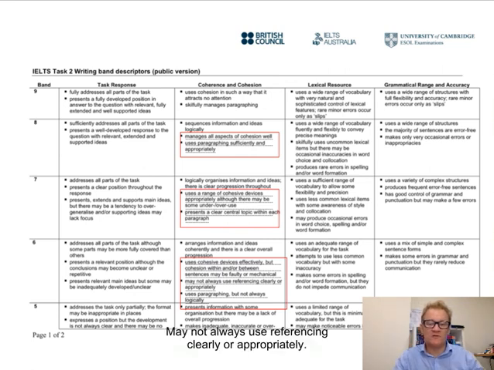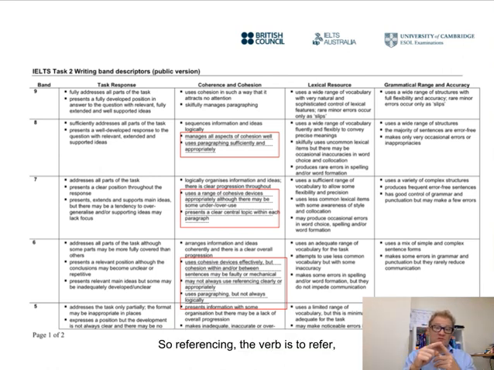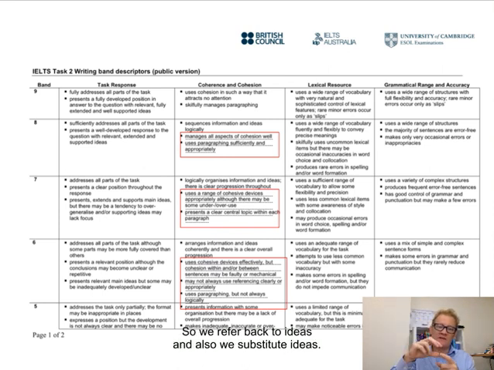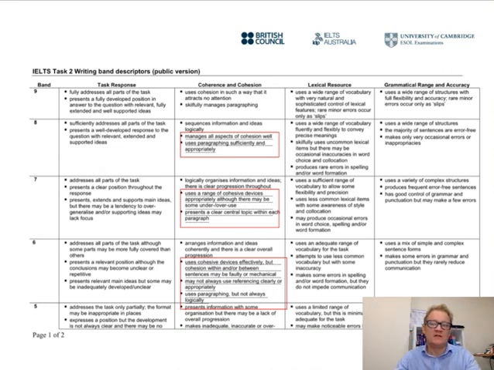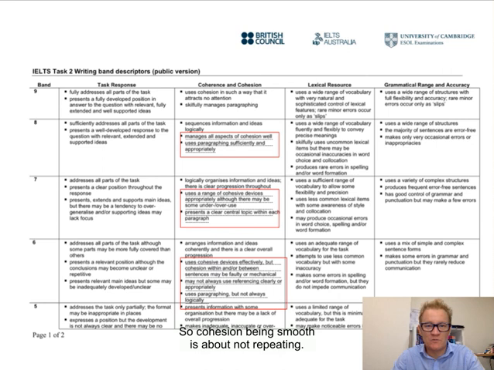May not always use referencing clearly or appropriately. So referencing, the verb is to refer back to ideas before. So we refer back to ideas, and also we substitute ideas. We don't repeat ideas. So cohesion and being smooth is about not repeating.